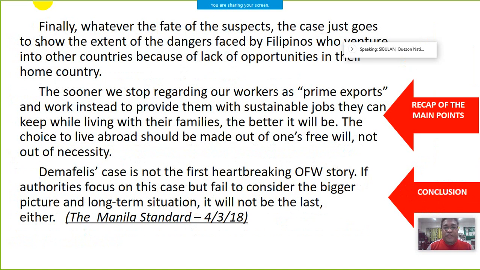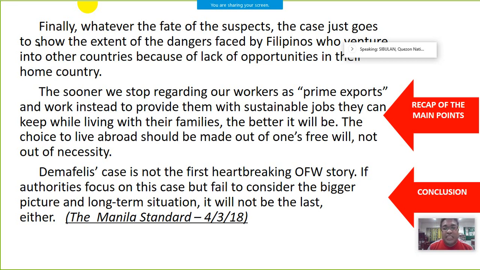Finally, whatever the fate of the suspects, the case just goes to show the extent of the dangers faced by Filipinos who venture into other countries because of lack of opportunities in their home country. So that's a general statement saying that OFWs go out of the country because there are not enough job opportunities here.